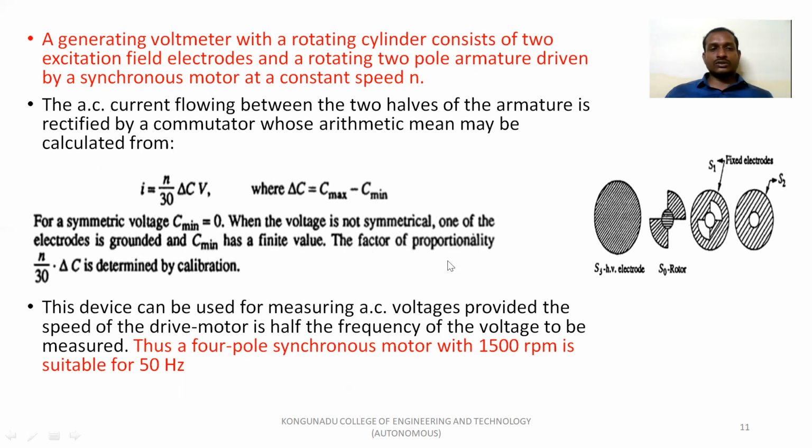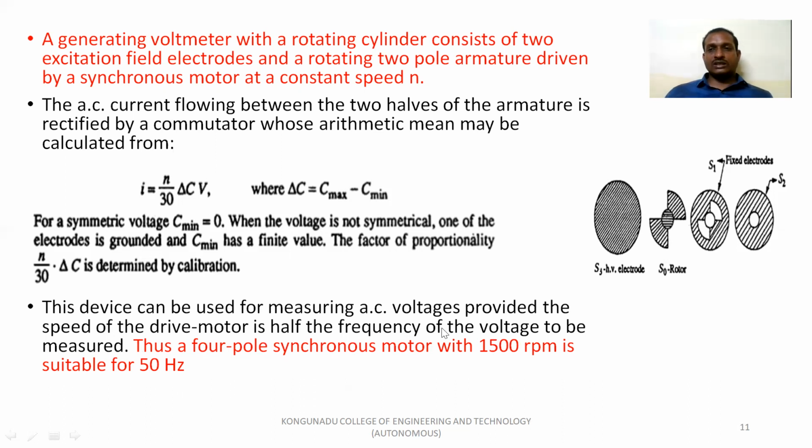The factor of proportionality n divided by 30 into del C is determined by the calibration. So from this equation, I is directly proportional to V. This device can be used for measuring AC voltages, provided the speed of the drive motor is matched to the frequency of the voltage to be measured.